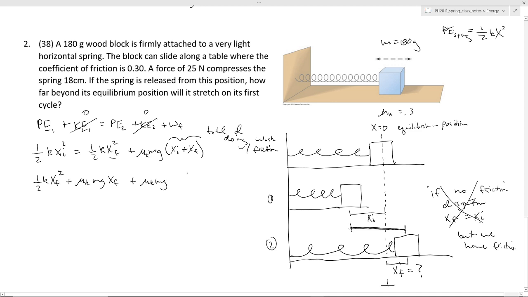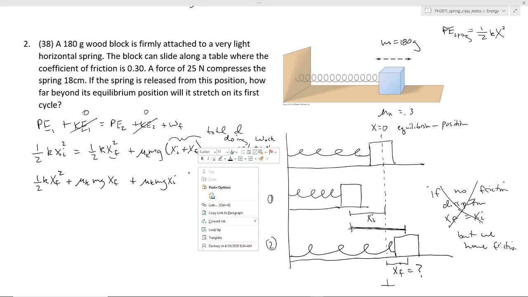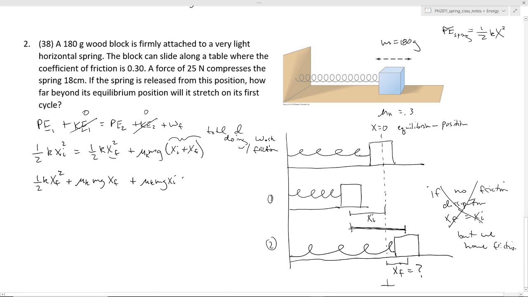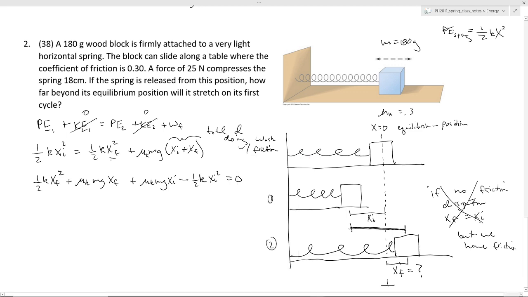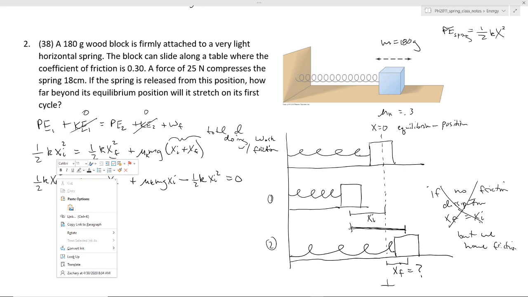I think you can probably see now where this is going. So I've ordered the terms counting from powers of x final squared, x final, and then some other stuff.